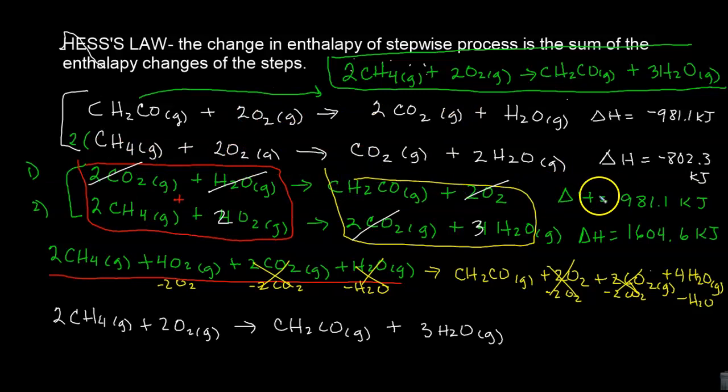And that's where we're going to come over here, because to do the first step, the multiplication or the flipping of products and reactants, we ended up with a delta H of 981.1 kilojoules. When we multiplied everything by 2, we ended up with 1,600, and I dropped a negative off of there. I just now realized that, because we just multiplied by 2. We did not flip it, so it's a negative 1604.